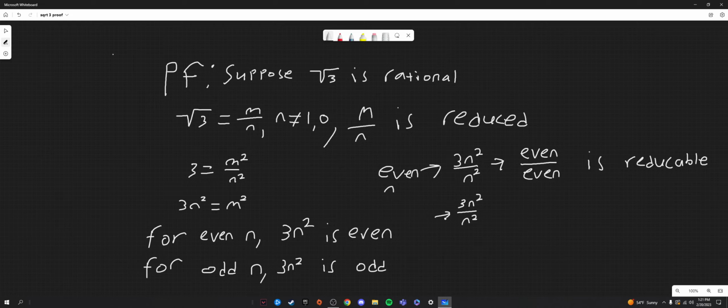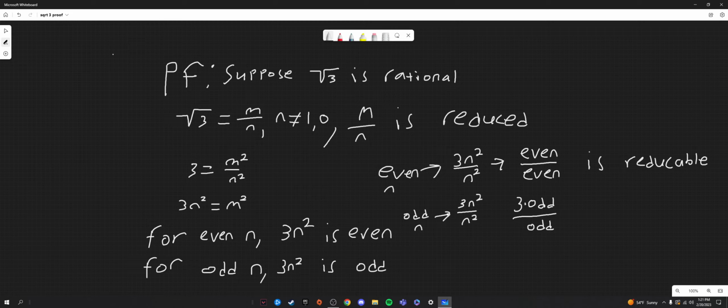This is for odd n, where we have 3 times an odd number squared, which is odd. The point is the number comes out to be odd, which is reducible because these numbers are the same. We have n squared in both numerator and denominator, so squaring the same number gets you the same number.